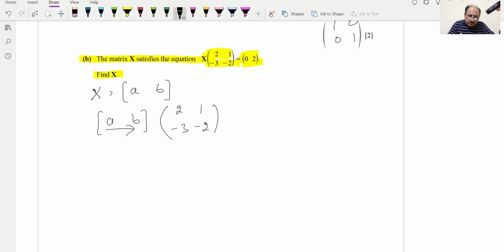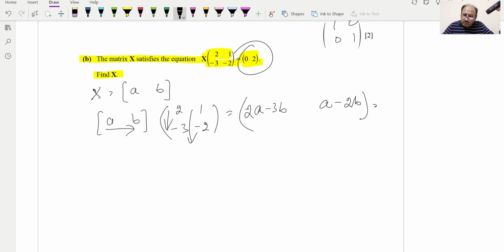First row first column will give us 2a minus 3b, and then first row second column will be a minus 2b, and it is given that it is equal to 0 2, so 0 and 2.